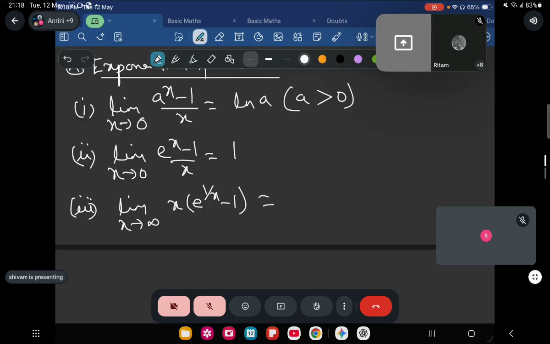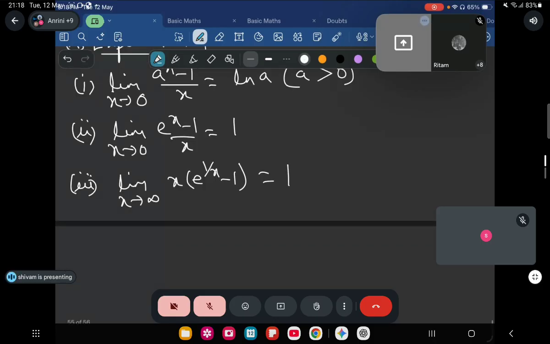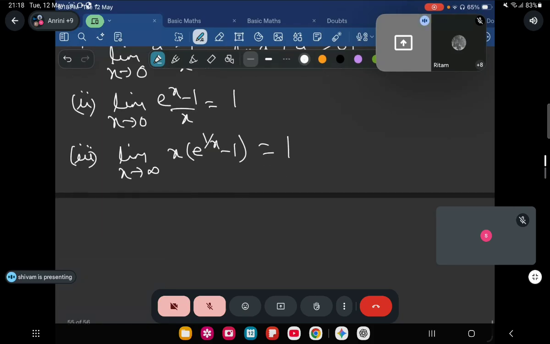This will be equal to 1. Tell me everyone. Because if x is tending to infinity, 1 by x will tend to 0 only. Okay, argument is tending to 0. That is enough. Part 4, limit x tends to 0, ln(1 plus x) by x will be equal to 1.